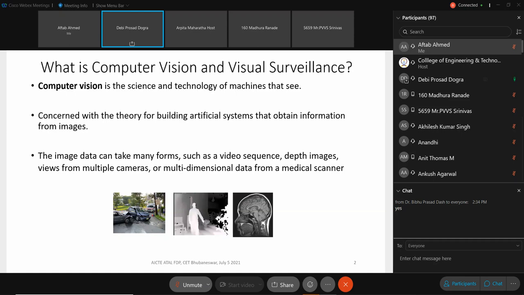Sometimes we may need to take corrective action. Sometimes we may need to enrich our knowledge also. That's why surveillance is needed. I'll tell you about the different applications throughout the whole presentation today, and I hope you will find these examples interesting, and I'll try to discuss as much as possible the underlying techniques behind these applications.